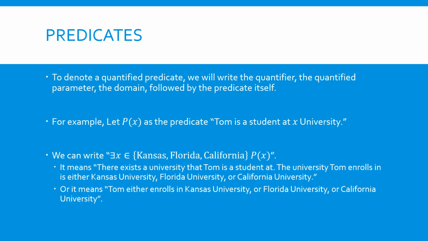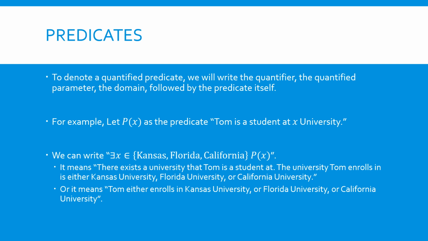To denote a quantified predicate, we will write the quantifier, the quantified parameter, the domain, followed by the predicate itself. For example, let P(X) be the predicate Tom is a student at X university. We can write there exists an X in the domain of Kansas, Florida, and California such that P(X) to mean the quantified predicate. Here, the mirror-flipped E corresponds to an existential quantifier, followed by X, the quantified parameter.